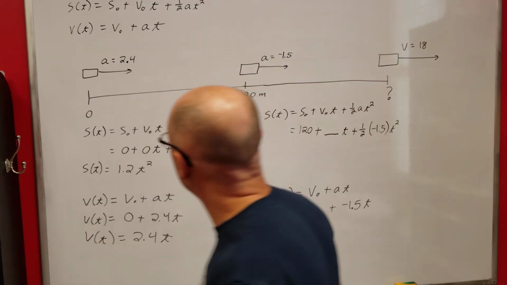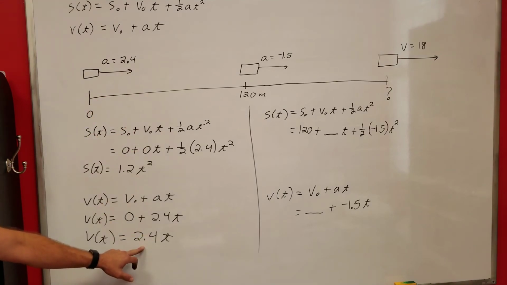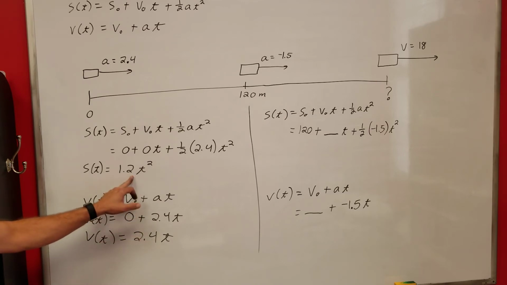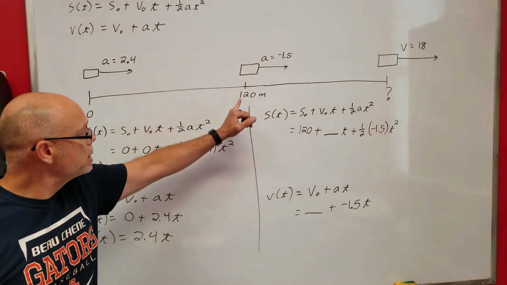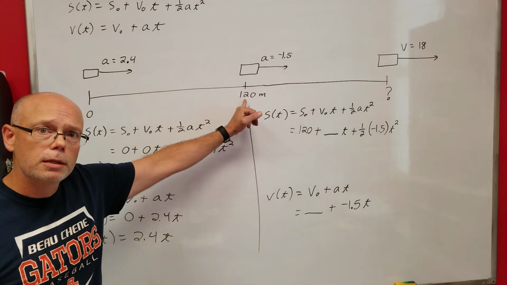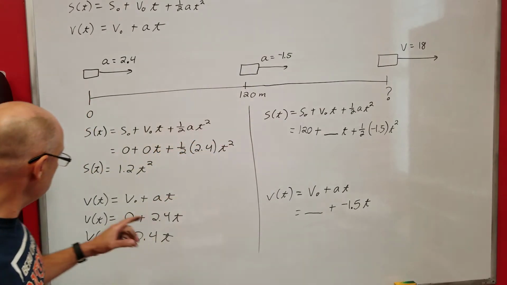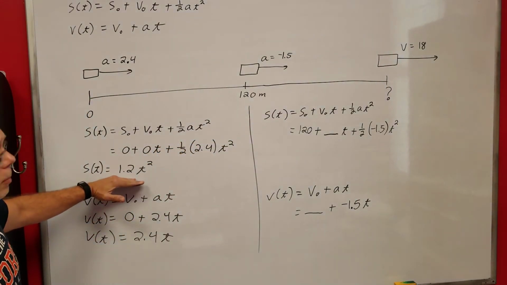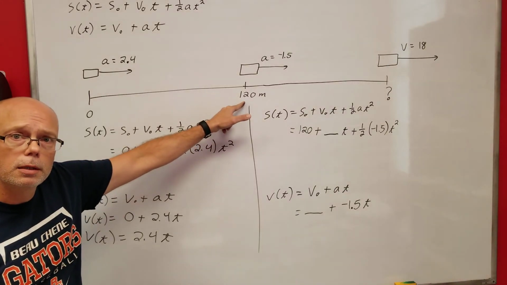Okay, so we said before, for the first part, here's my velocity function, right? Here's my position function. Where am I at with this part of my trip? What's my position to begin with? 120 meters, right? Well, couldn't I take my position function right here and find out when it is equal to 120?